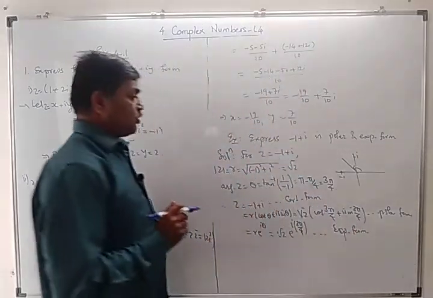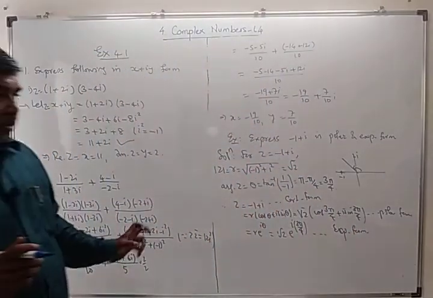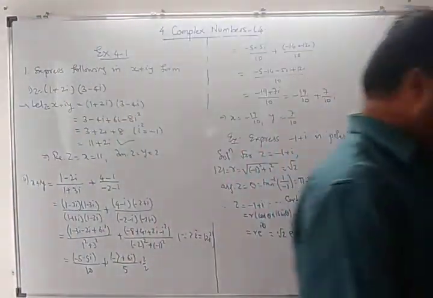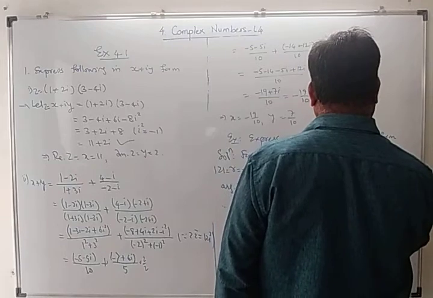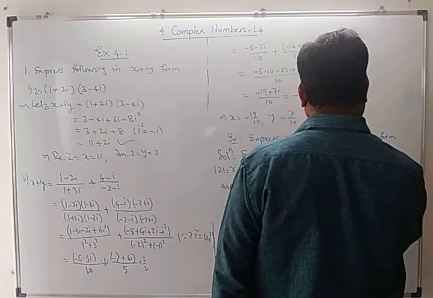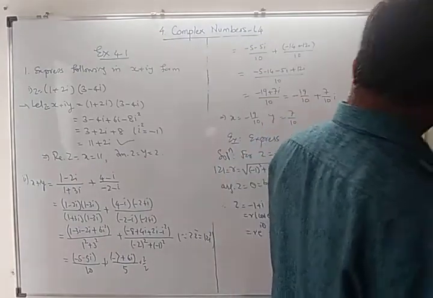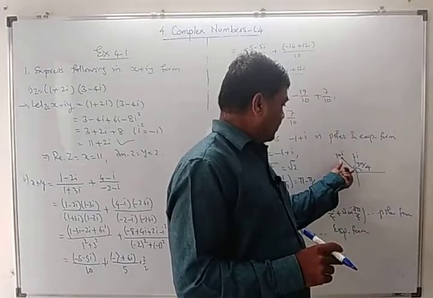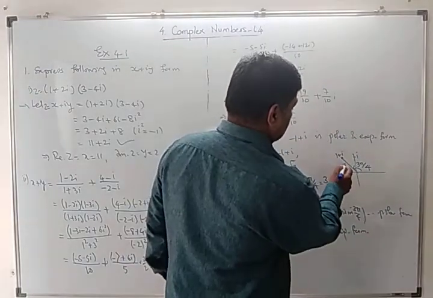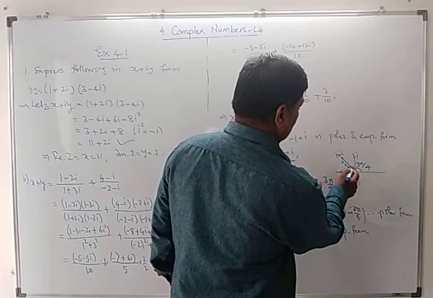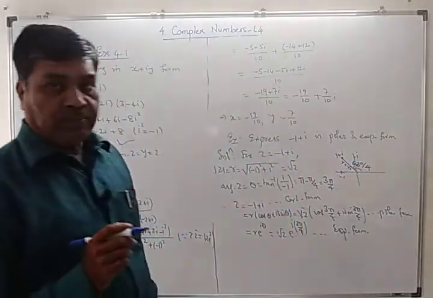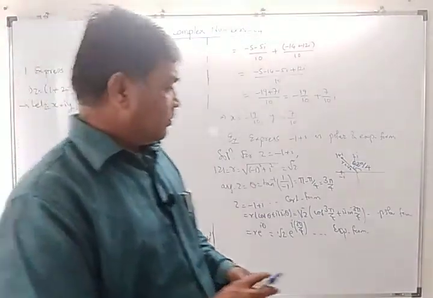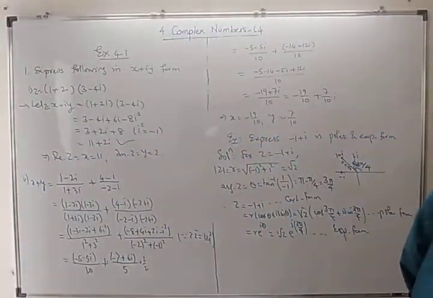This is your exponential form. So in this way, you can find. So this is your -1 + i. The length of this is r = √2 and angle theta is 3pi/4.